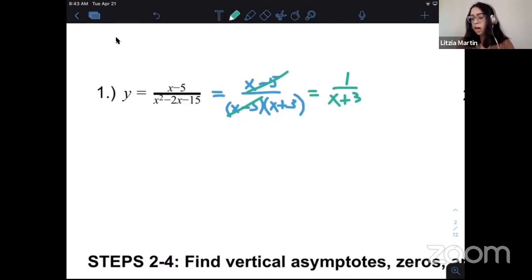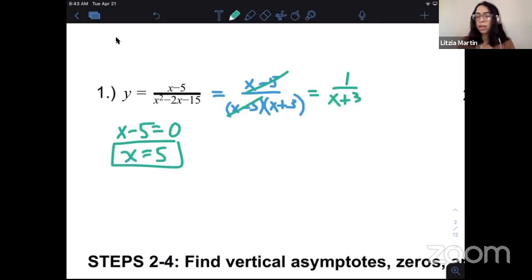At this point you want to do two different things. The first is to figure out what x is. What we just canceled out, x minus 5, we set equal to 0 to figure out x. That's your first step, and that gives us x is equal to 5.